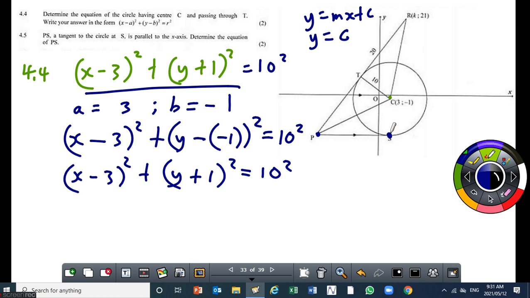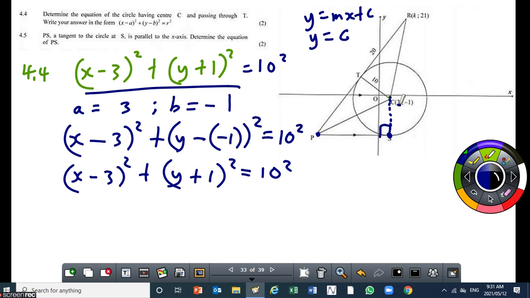That radius is not drawn, so it will be like that. That radius originates from the center up to the point of contact. Now, if CS is perpendicular to PS, it therefore means that the value of x here is the same as the value of x at the center.